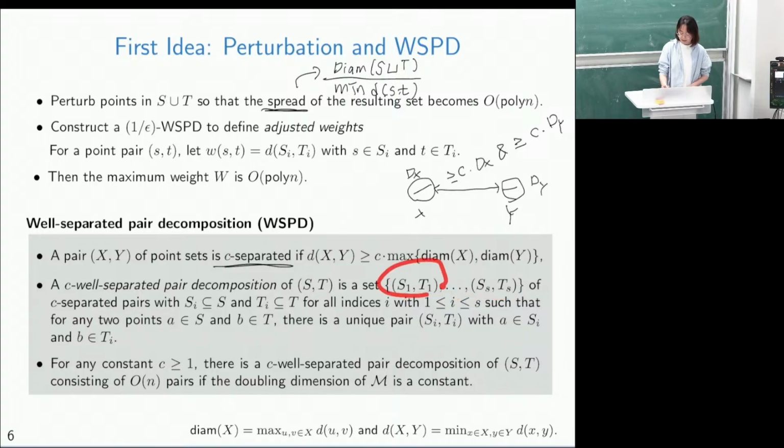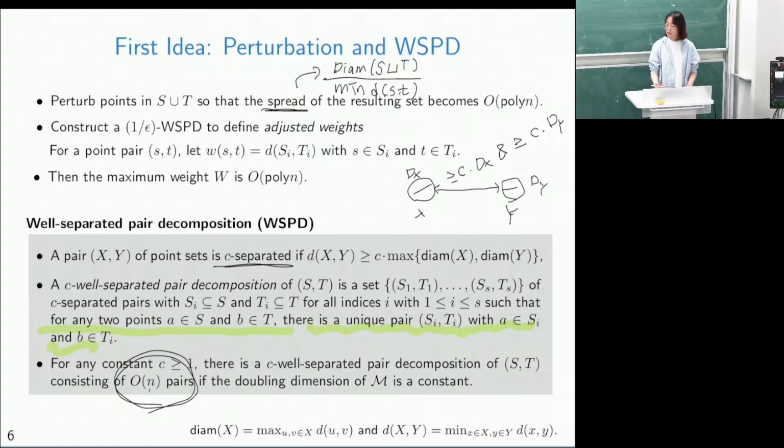So each S_i, T_i is well-separated, and for any 2 points, one from S and one from T, there exists a unique pair that covers A and B. And it is known that for any constant C, there exists a C well-separated pair decomposition consisting of a linear number of pairs if the doubling dimension of this metric space is a constant.